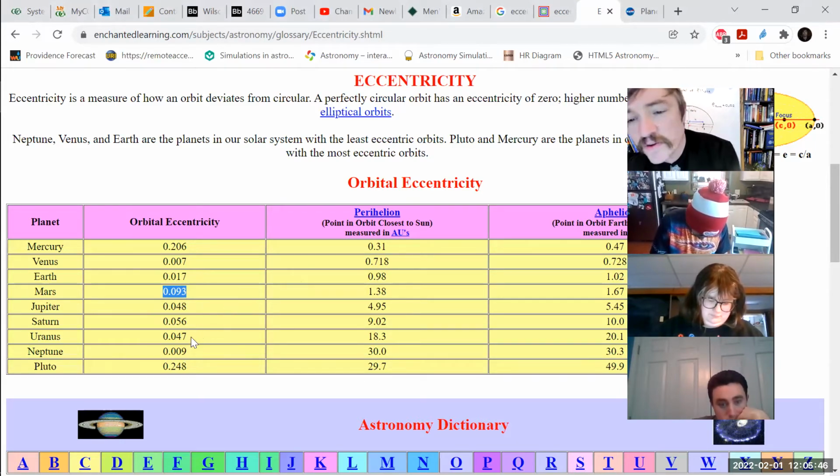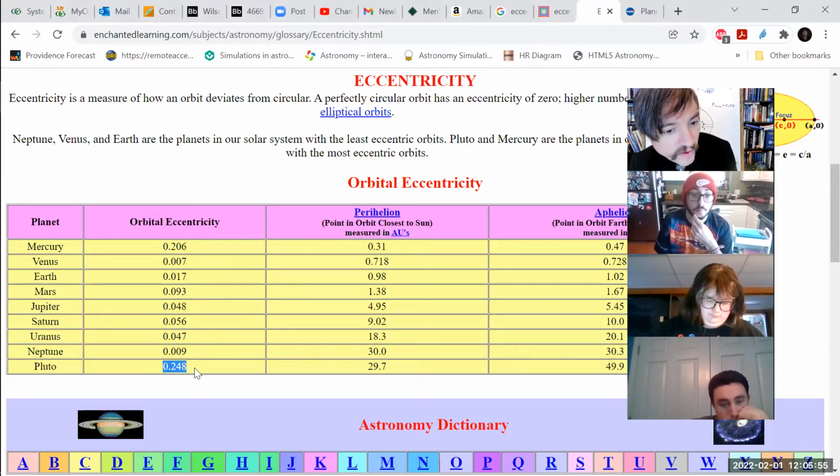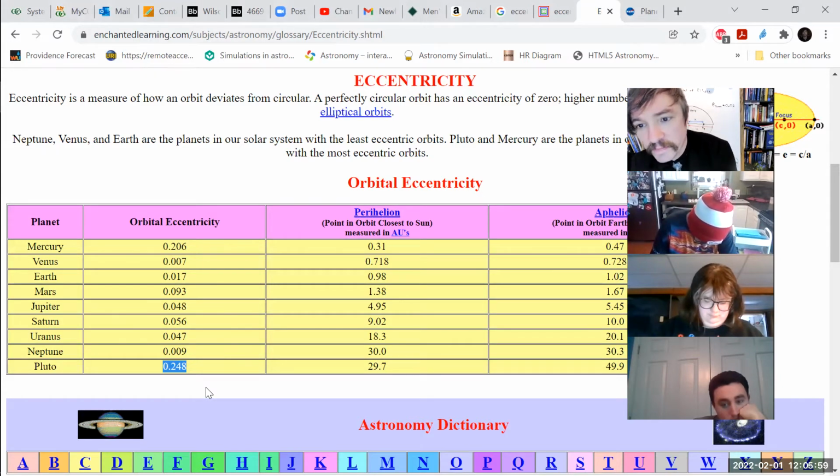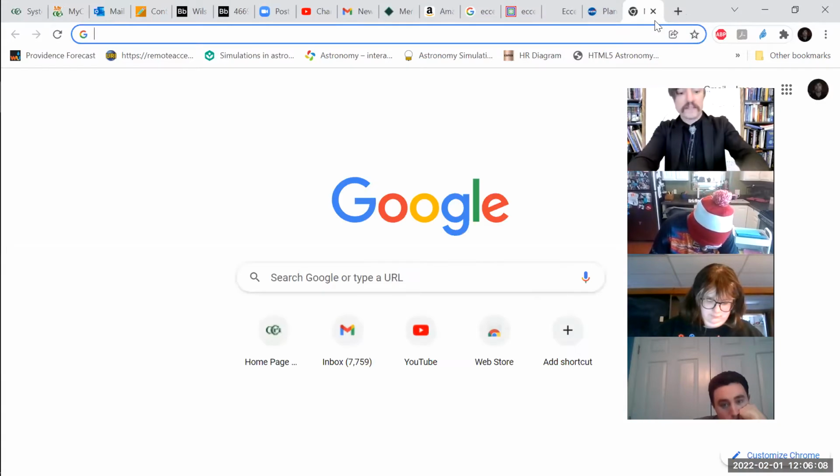The members of our solar system which are extreme are Mercury at 21%, okay, and Pluto at 25%. And if you look at some of the other minor planets, like for instance, Eris, I believe Eris has an orbital eccentricity of 40%, which is pretty wild.